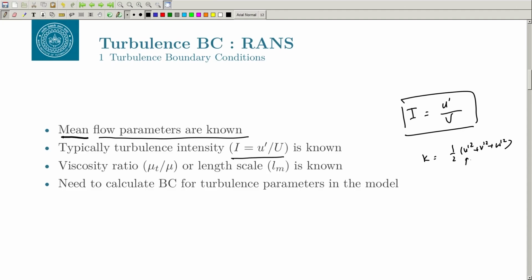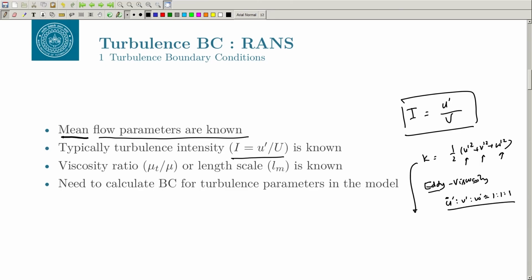So, most of the RANS simulations are specifically based on the eddy viscosity model. Okay, we looked at the eddy viscosity model earlier. So there we assume that basically the turbulence is isotropic. So, basically the scales of u prime and v prime and w prime are 1:1:1. Okay, so this is what you assume.